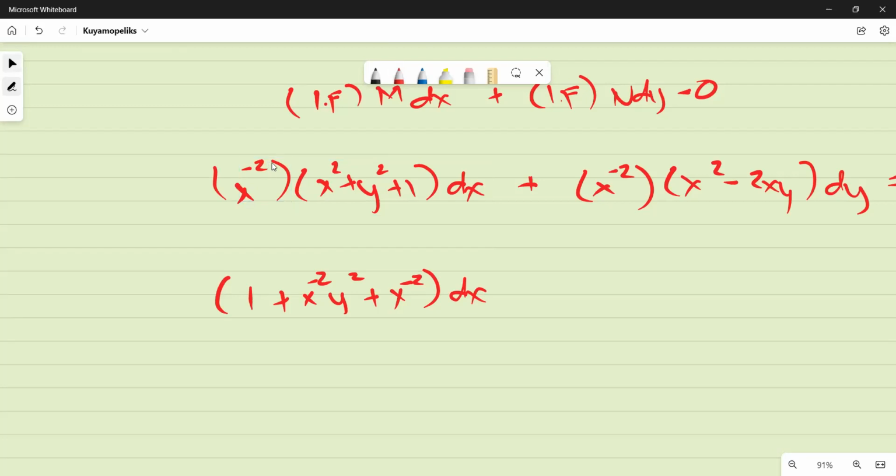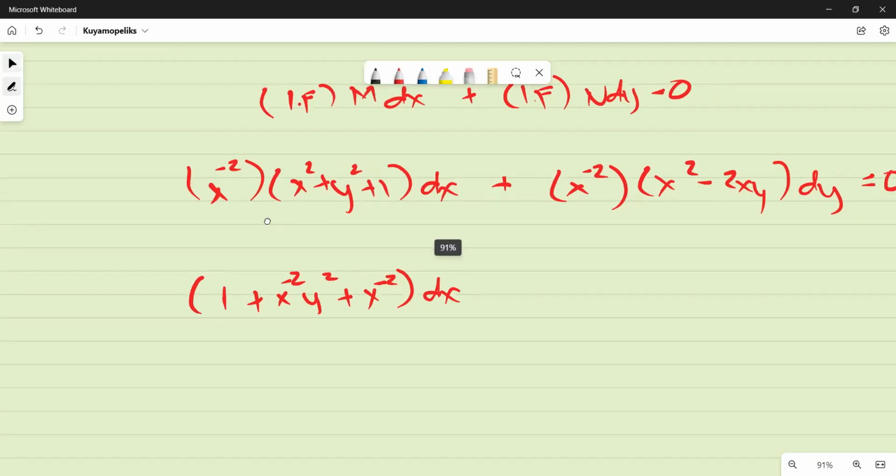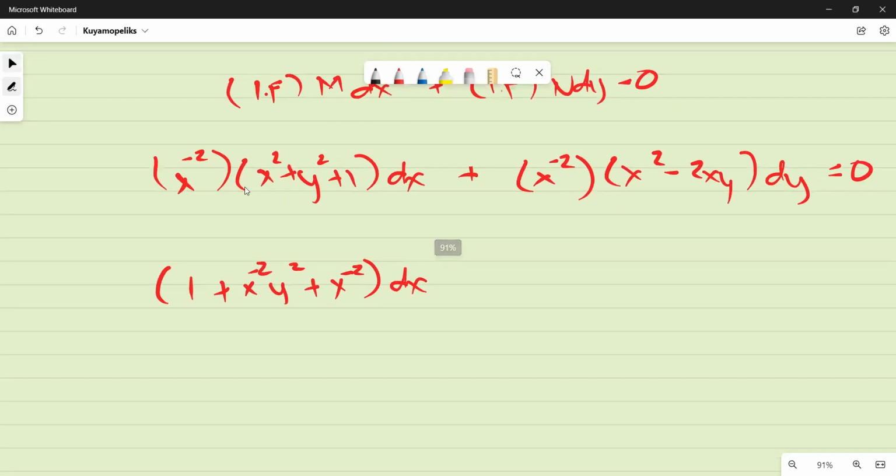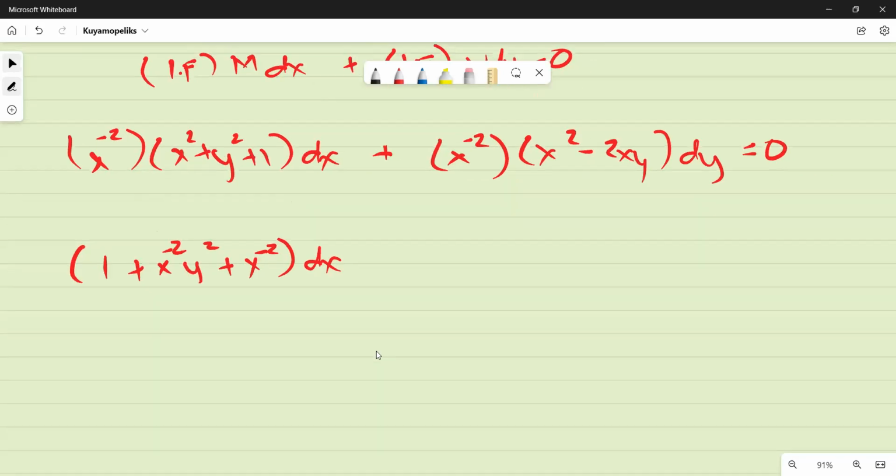This x negative 2 times x squared, since same base, we just add the exponents. Raised to 0, right? Any number raised to 0 except 0 is equal to 1. And this one is the same: 1 minus 2x raised to negative 1, because negative 2 plus 1.